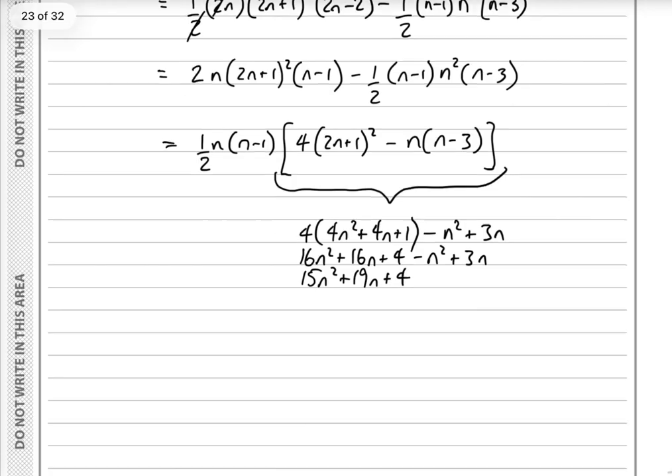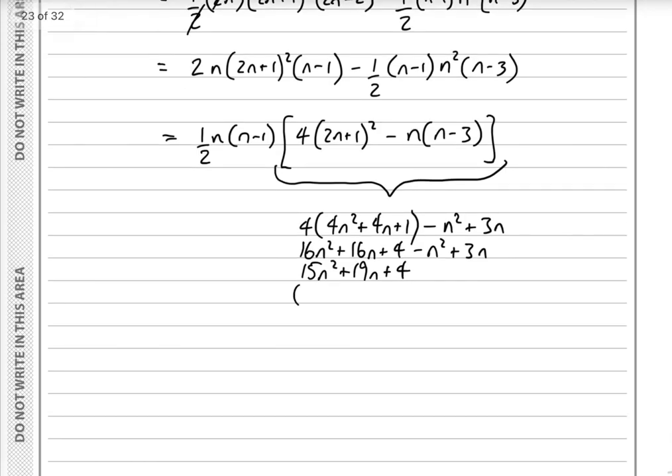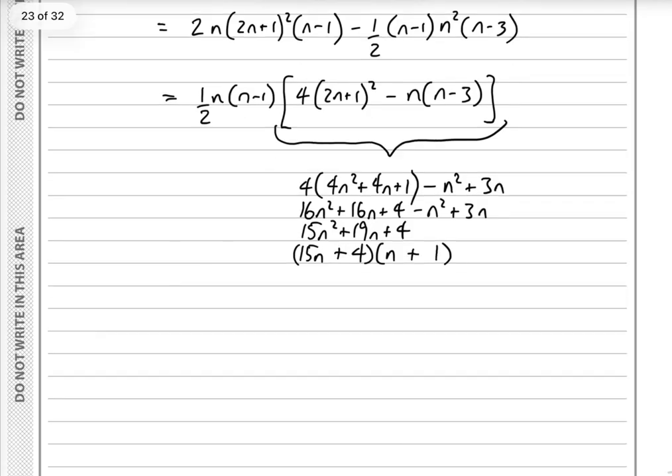And because we know we're looking for 2 more brackets with integer coefficients that will factorize, I think 19 splits into a 15 and a 4, so let's keep that like that for now and put the 4 over here. Will that work? Get the 1 there. Yes, I think that will work.